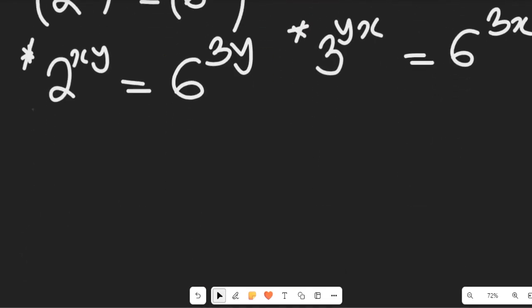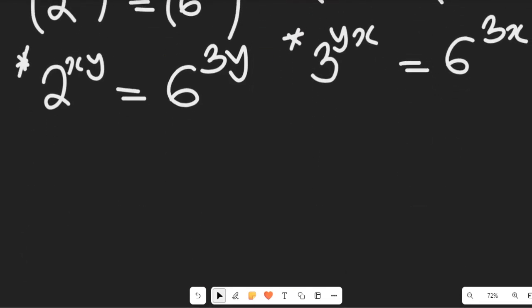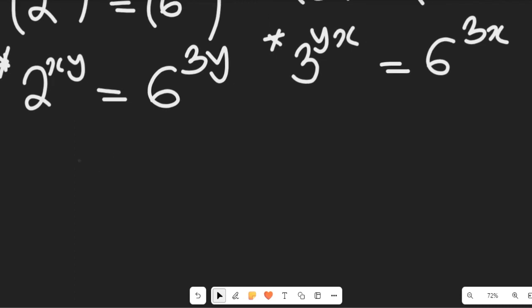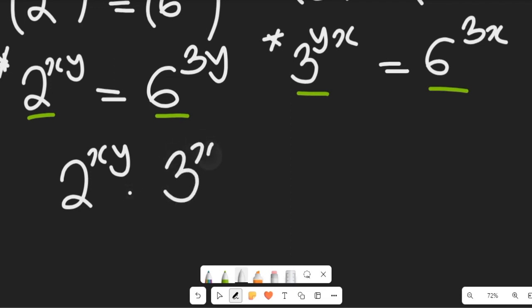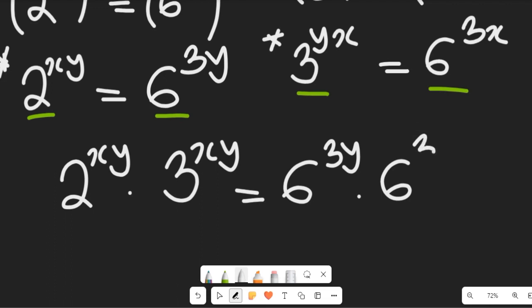So we're going to consider these two expressions. If we decide to multiply them, that will simply give us 2 to the power of xy multiplied by 3 to the power of xy, equal to 6 to the power of 3y multiplied by 6 to the power of 3x.